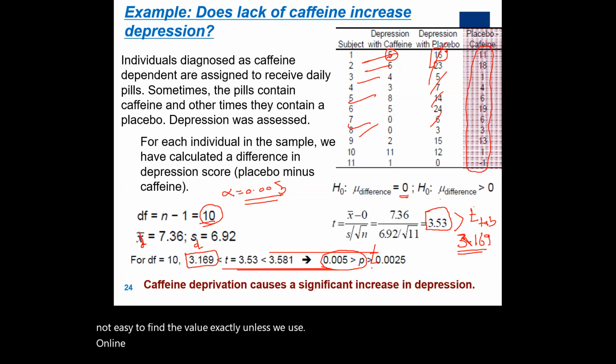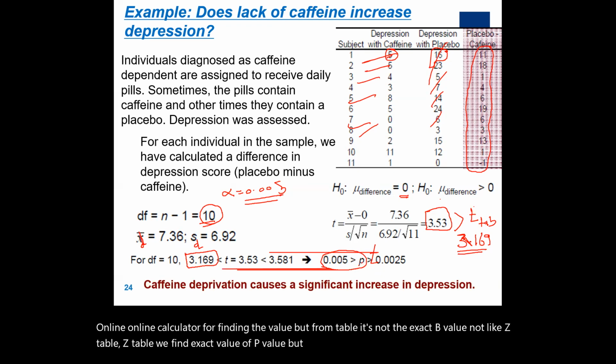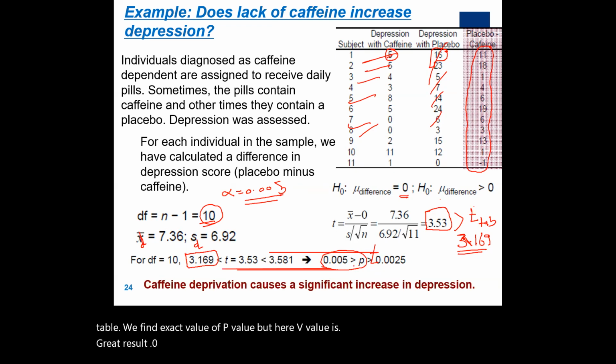From the table, it's not the exact p-value, not like the Z-table, where we find the exact p-value. Here the p-value is between 0.005 and 0.025. Since the p-value is less than 0.005, we reject H naught.